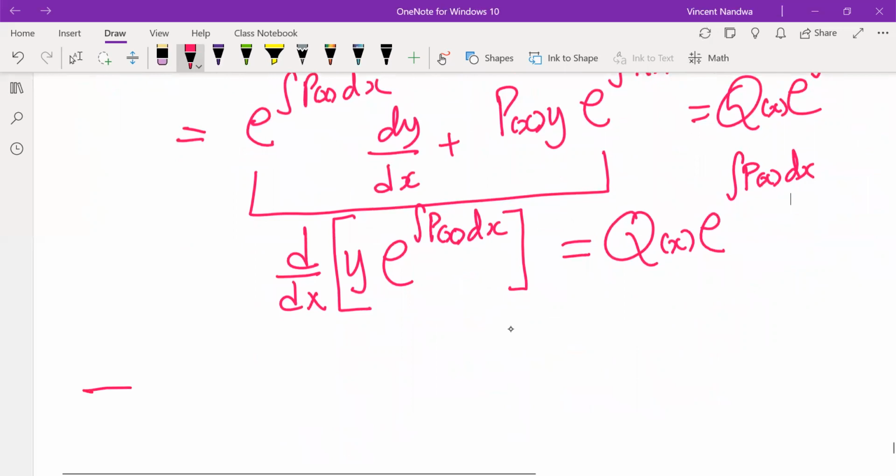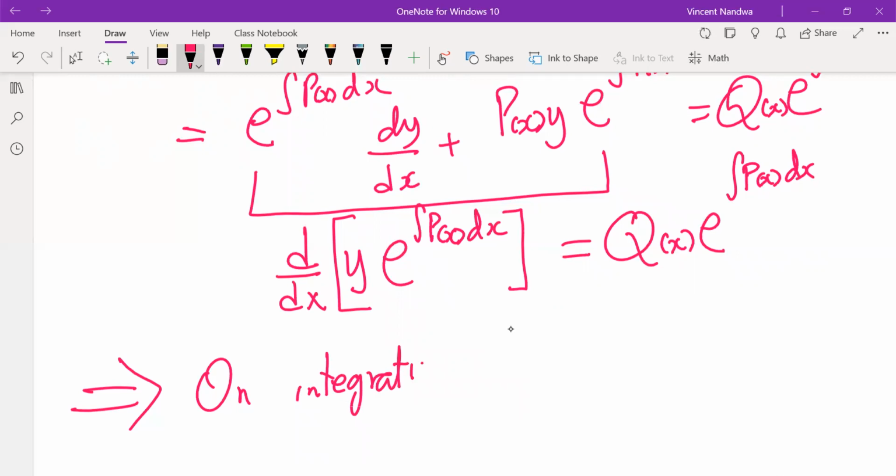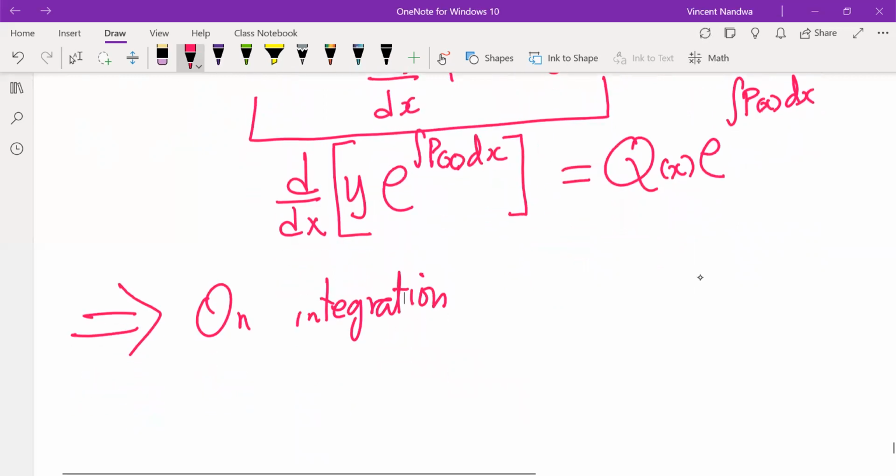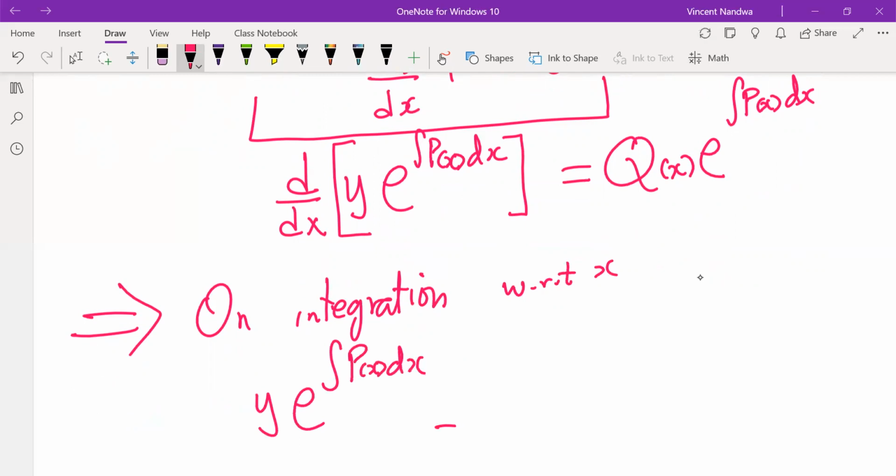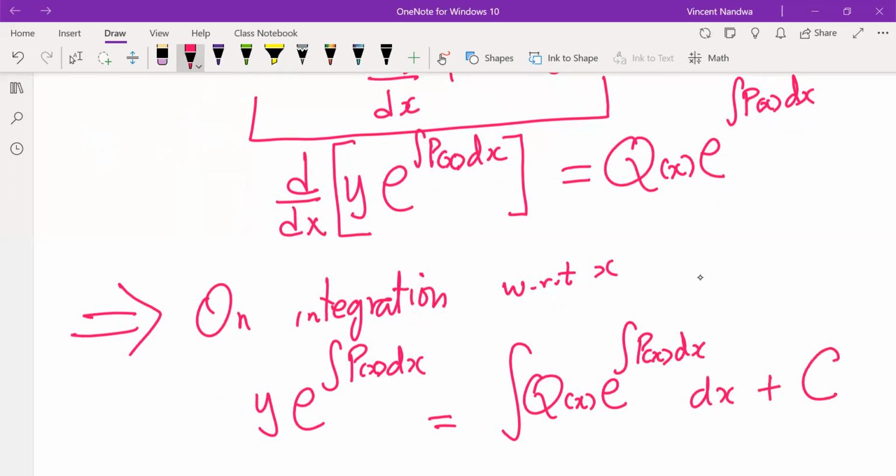So that we'll get, on integration, y e raised power the integral of p of x dx equal to the integral of q of x e raised power the integral of p of x dx, and then plus constant of integration.